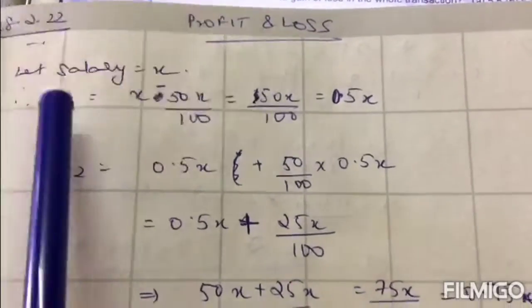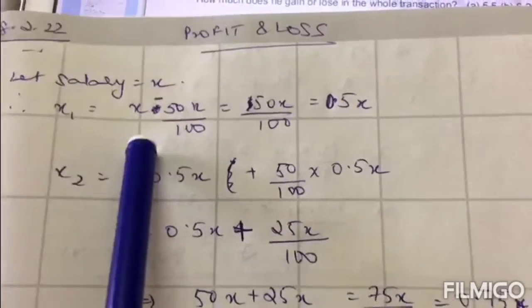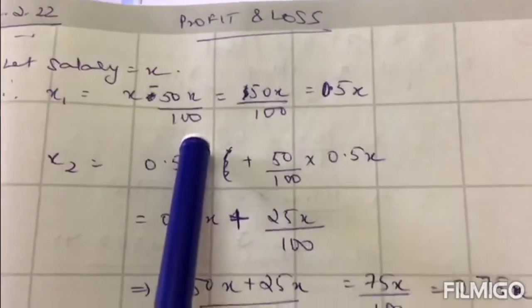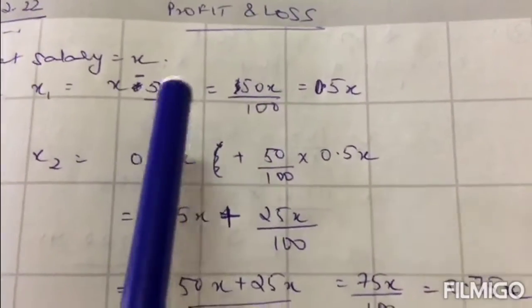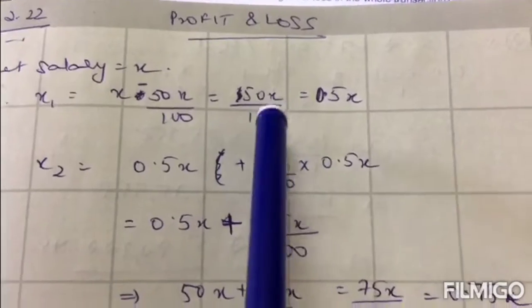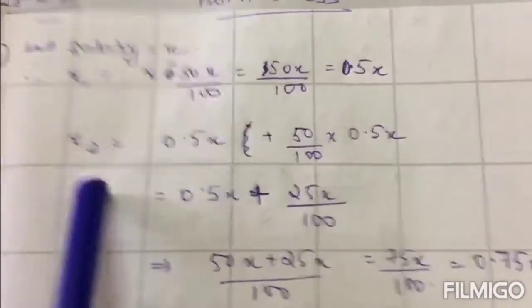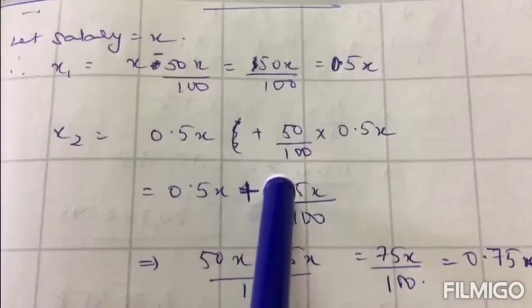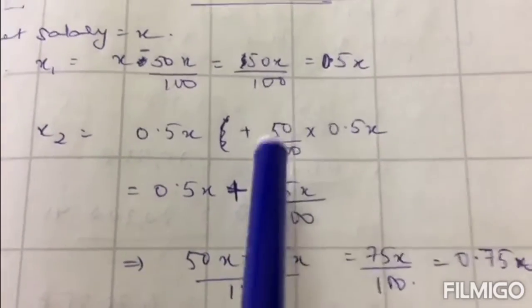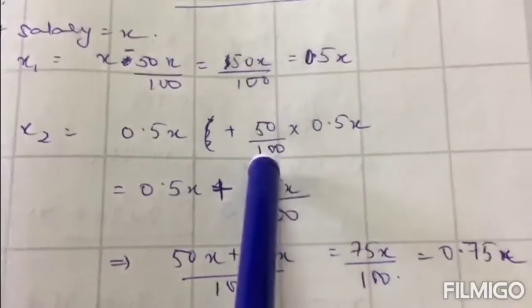Therefore, first let X1 be equal to the salary when it is decreased by 50%. How do you do that? X minus 50x by 100 gives you 50x by 100, which is nothing but 0.5x. Now X2, they say that the salary was subsequently increased by 50%.